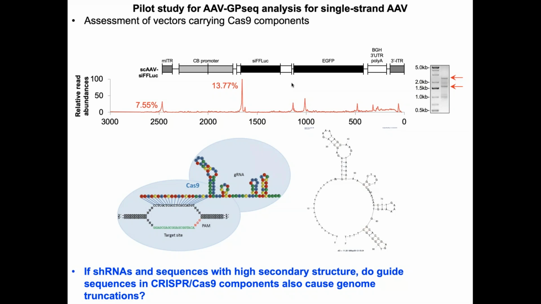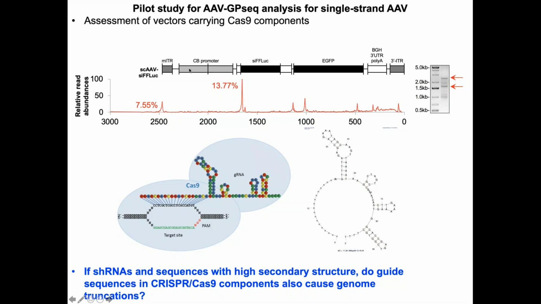So one of the trends that we saw for these sorts of truncation events was that we realized very quickly that they tend to be produced in regions that have high secondary structure.